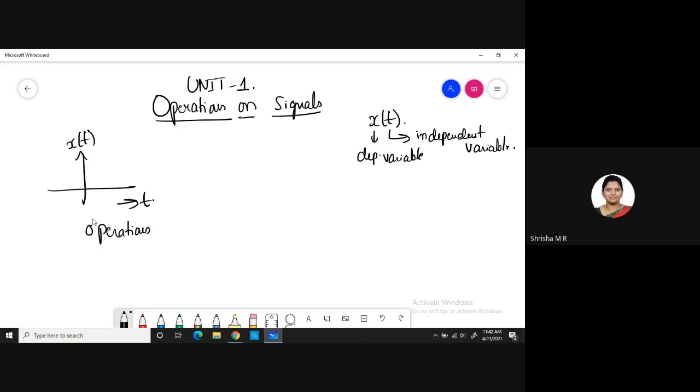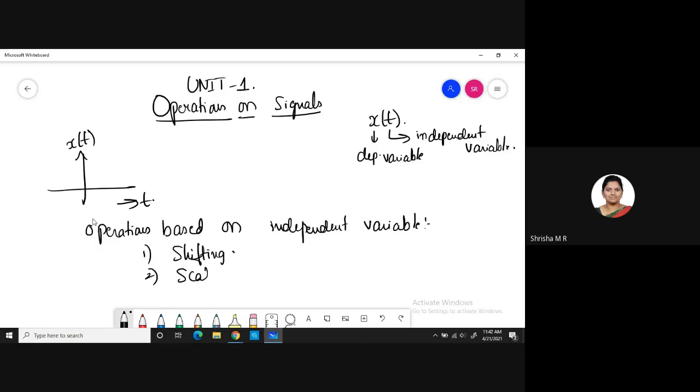So operations based on the independent variable are nothing but shifting, scaling, and time reversal.